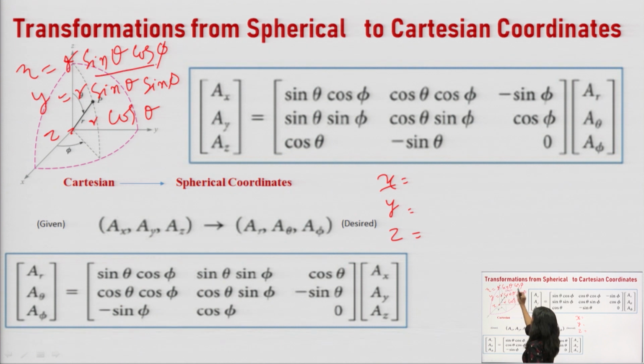Now we have seen here the coefficient for x is sin theta cos phi, for y it is sin theta sin phi, for z it is cos theta. So all these three quantities will appear here: sin theta cos phi, sin theta sin phi, and cos theta.